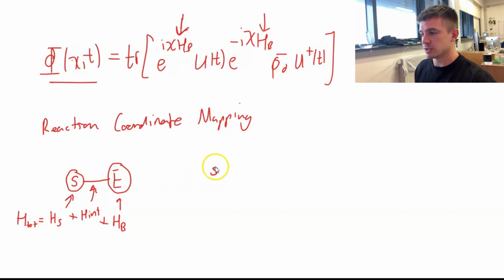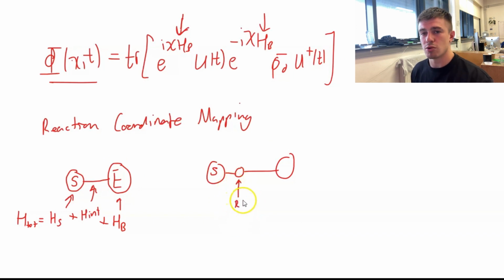So I'm going to have a system, and it's going to be interacting with a small part of the environment, which then itself interacts with the rest. And this little thing here that we've taken out of the environment gets called the reaction coordinate, or the RC. So we've still got our system, we've got this RC, and then the reaction coordinate now interacts with the rest of the bath, which we call the residual bath, or RB.